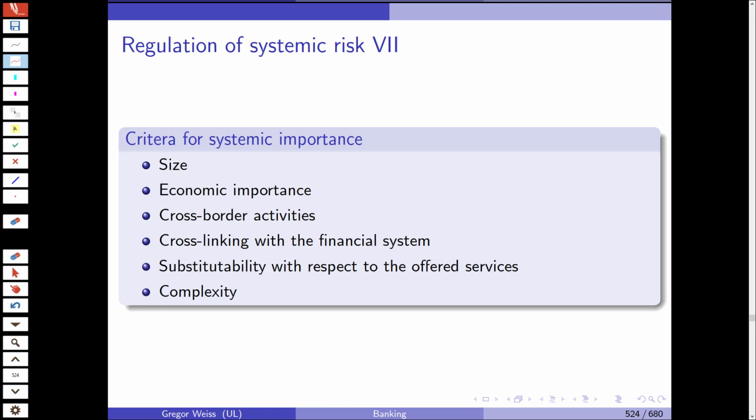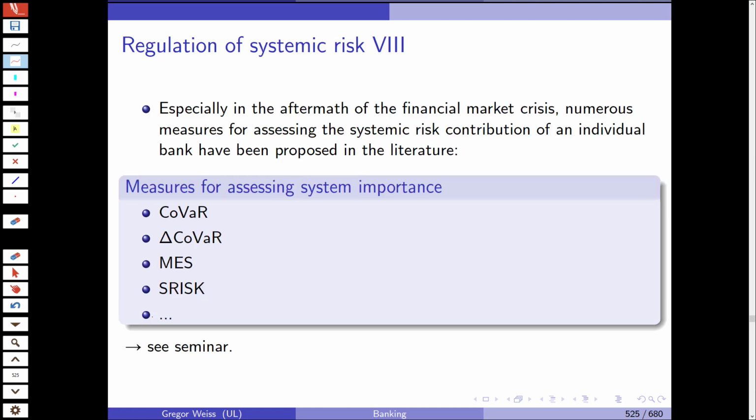So what are some criteria for systemic importance? First of all, size, total assets, economic importance, cross-border activities, cross-border linkages with the financial system, the substitutability of certain services, and the complexity when it comes to disentangling the bank in case of a bankruptcy filing.